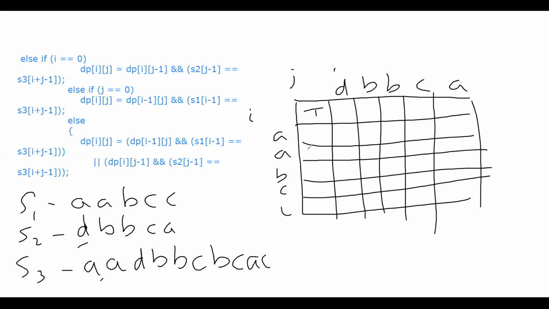So this is not true, so this will be false, and hence all of them are going to be false the same way. So now if I come for I equals j equals 0 in this case, and when I equals 1, in that case I'm going to look for I minus 1, which is true, this one. But along with that, I need to look for S of I minus 1, which is this one, and I have to compare that with S3 of this guy. So both of them are true, and hence this guy will be true.